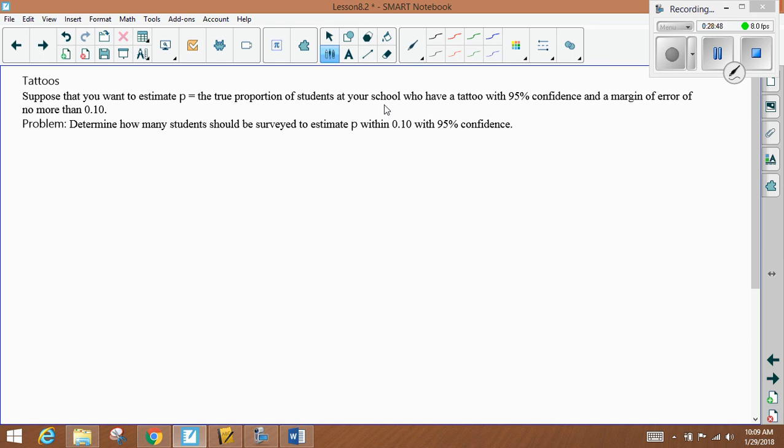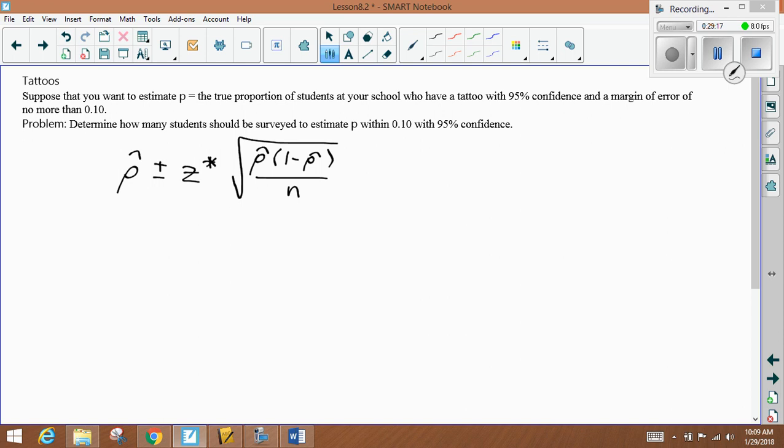Okay, so we have a formula. It gives us p hat plus or minus z star times the square root of p hat times 1 minus p hat over n. We want our margin of error to be no more than 0.10.